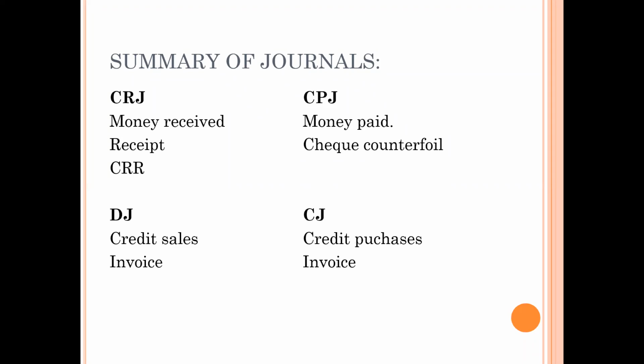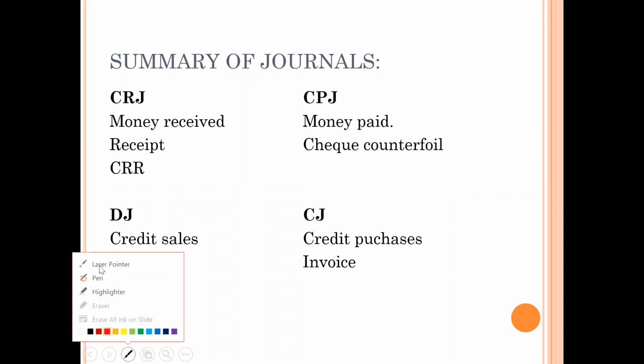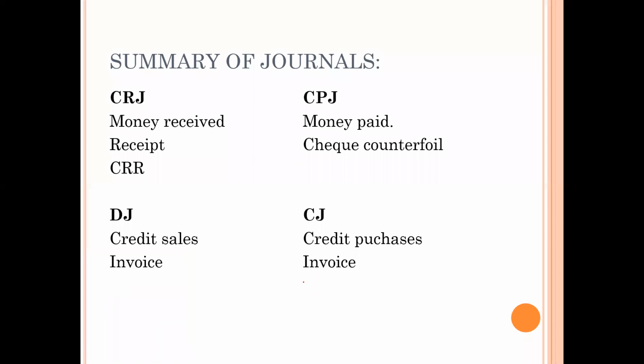You will also notice that with the Creditors Journal, you work with an invoice as your source document. So the two new journals that you're going to learn now in grade 9 are the Debtors Journal and the Creditors Journal.